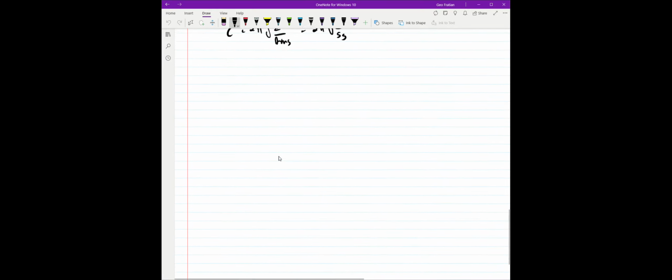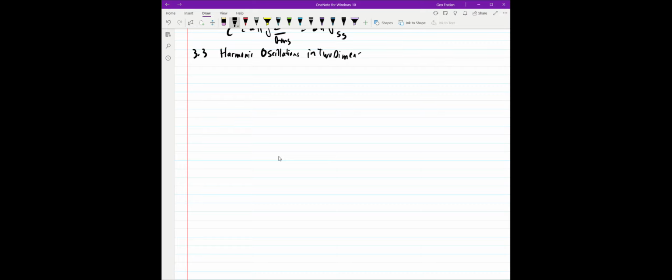So good. But now let's move to 3.3, where things get a little bit more complicated, where we have harmonic oscillations in 2 dimensions. So now we can define, instead of F equal to negative kx, F equal to negative kr, where r is now a 2-dimensional vector.